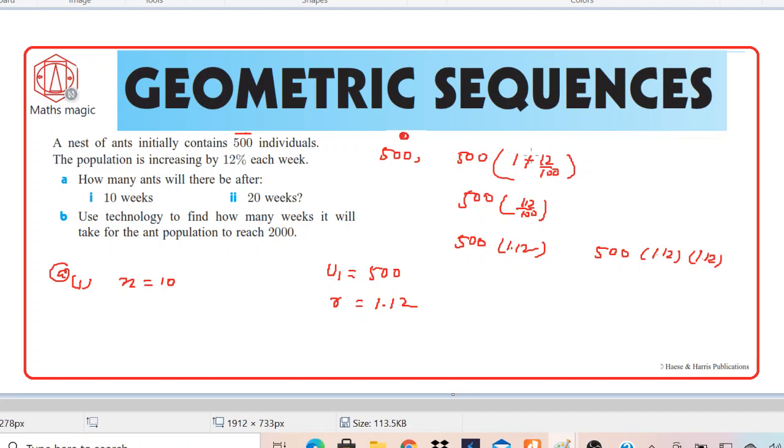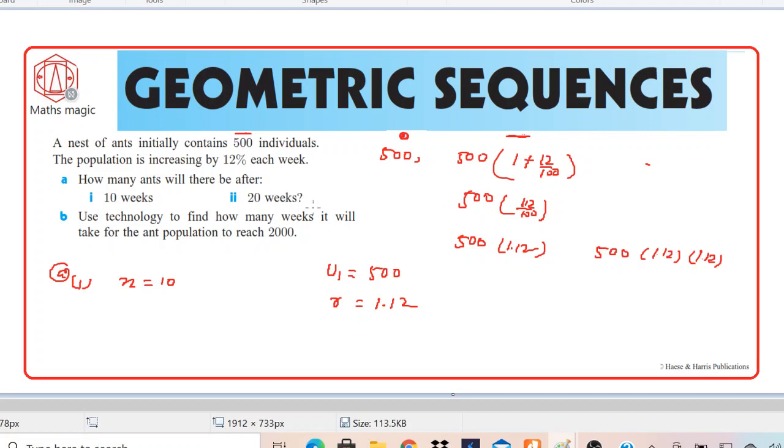at week 0. At the end of the first week, or you can say after the first week, the population is this. So U2 is basically after the first week, and U3 is after the second week.